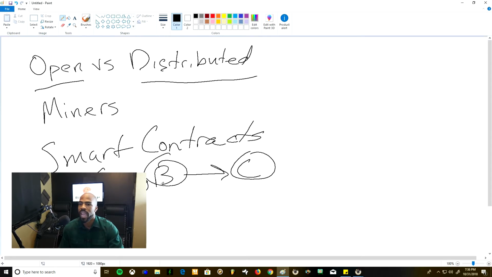So you can't alter anything within these contracts without it changing the previous contracts. That's all that a smart contract is, which is very similar and pretty much the same as the blockchain.